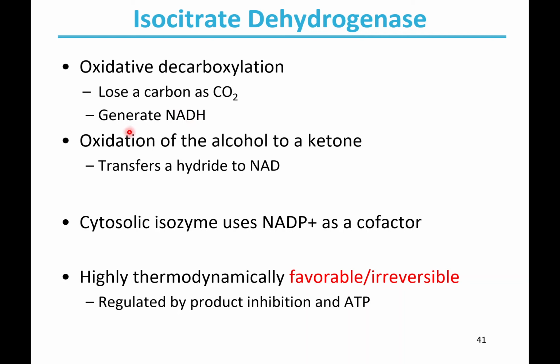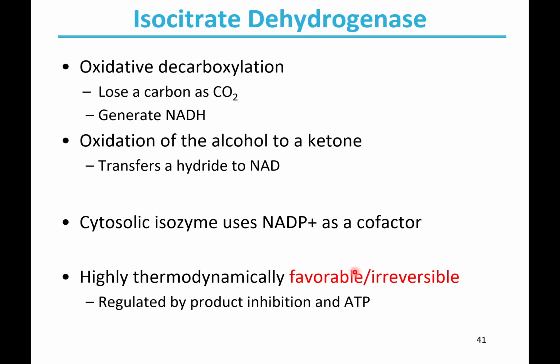The oxidation of the alcohol to a ketone transfers a hydride to NAD. There's a cytosolic version of this that uses NADP+, but we're really not concerned with that. We're going to focus on the mitochondrial version that uses NAD+.